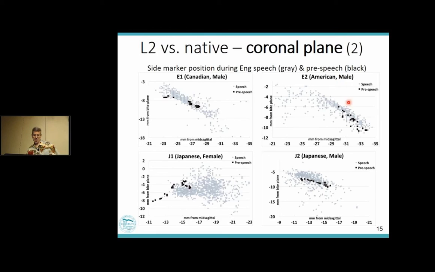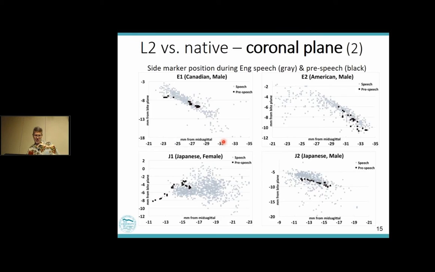This is an American male native English speaker. And these are 2 Japanese speakers at the bottom. A Japanese female who is low proficiency, speaks with a strong accent, and a Japanese male who is high proficiency, almost near native.